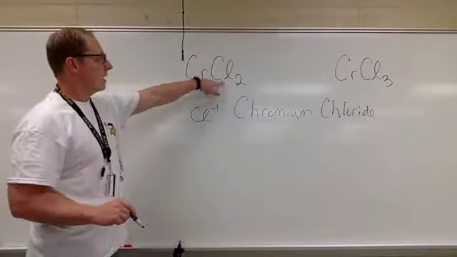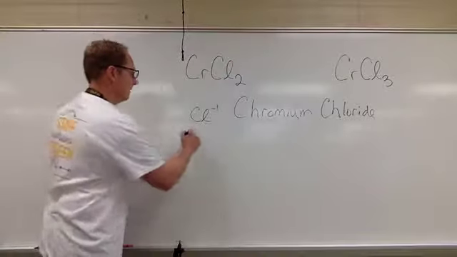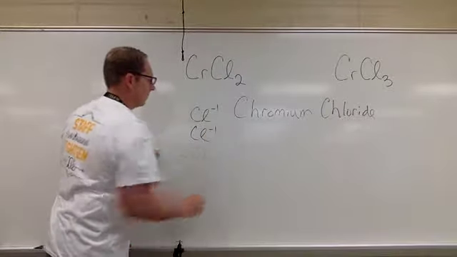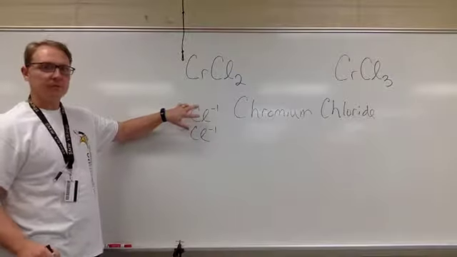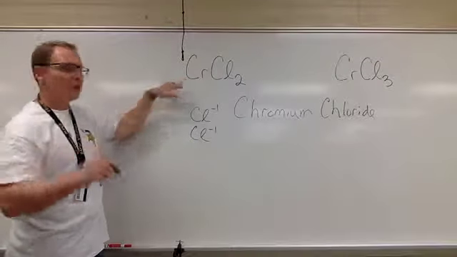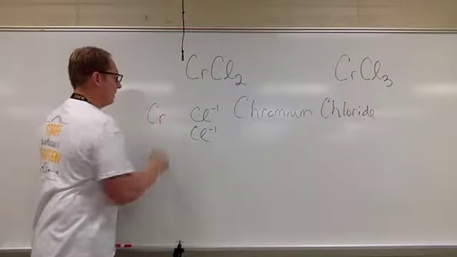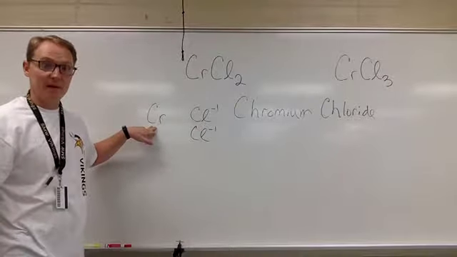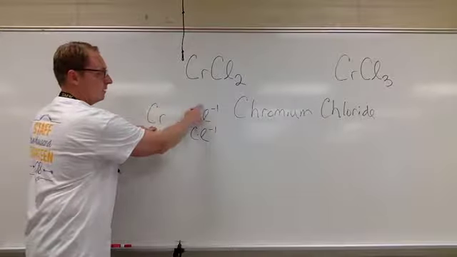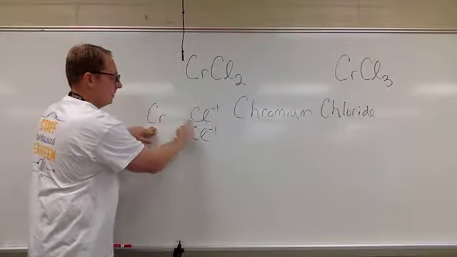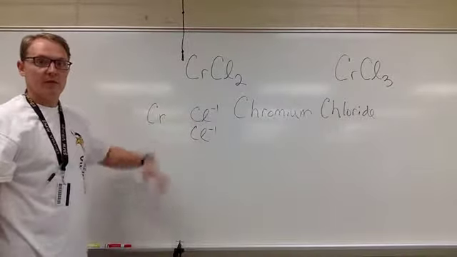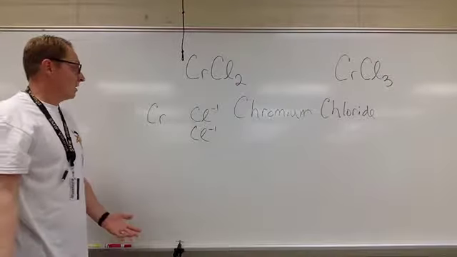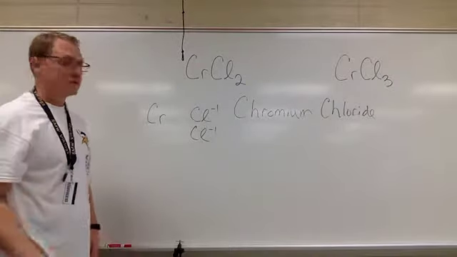Okay? We have 2 chloride ions here. They're both identical. They both have a -1 charge, and they're bonded with 1 chromium. So the question then becomes, what does the charge on this 1 chromium ion have to be in order to distribute a valence electron here and a valence electron here when it bonds with those 2 chlorines? And the only acceptable answer is it had to give up 2 valence electrons.